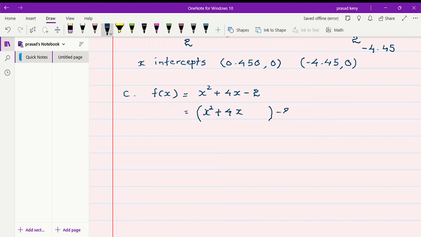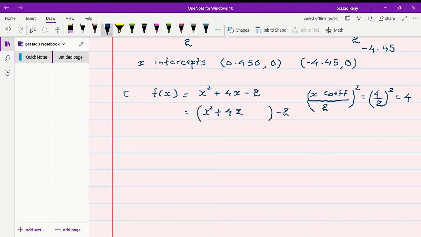Now consider x coefficient divided by 2 and square this. This is the main step of completing square. So 4 divided by 2 and square it, which is 4.